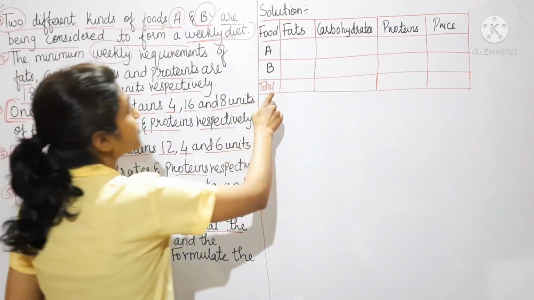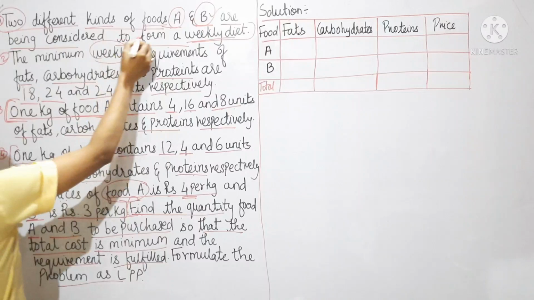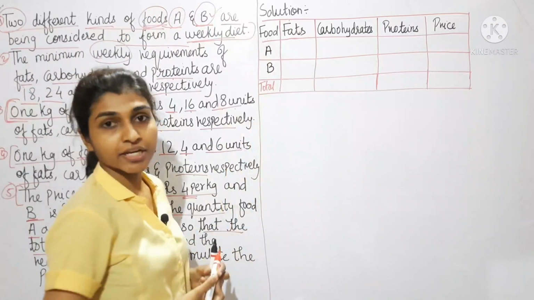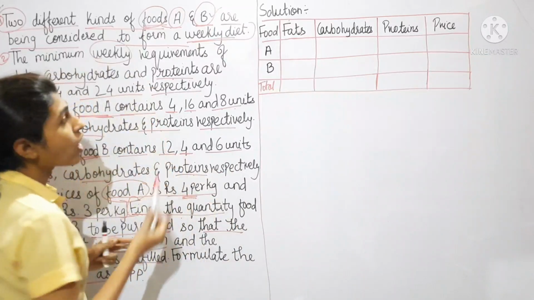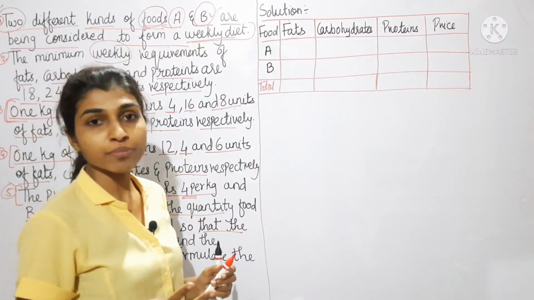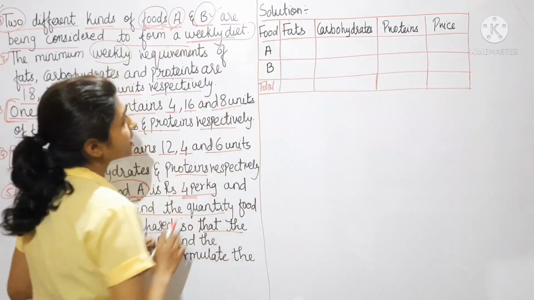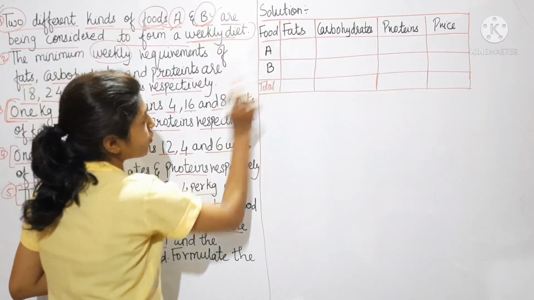So first, in the question what is given? Food is given, so I have given the heading of my first column as food. Now how many types of food are there? Only 2 types. The names of the food are A, so I have written A, and second is B.